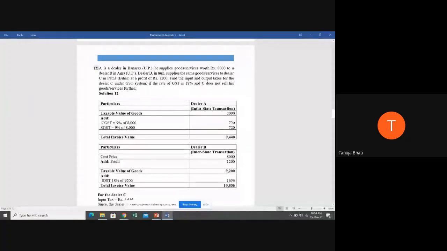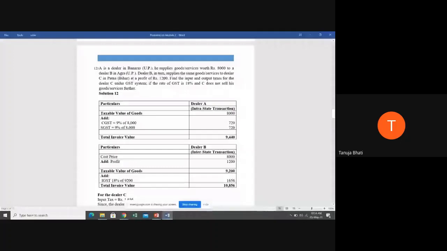A is a dealer in Banaras, UP. He supplies goods and services worth rupees 8,000 to a dealer B in Agra, which is also in UP. Dealer B in turn supplies the goods and services to dealer C in Patna, which is in Bihar, at a profit of 1,200.